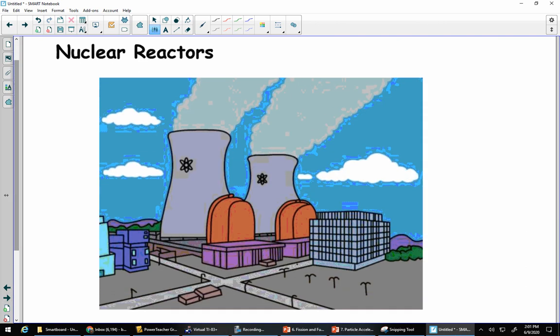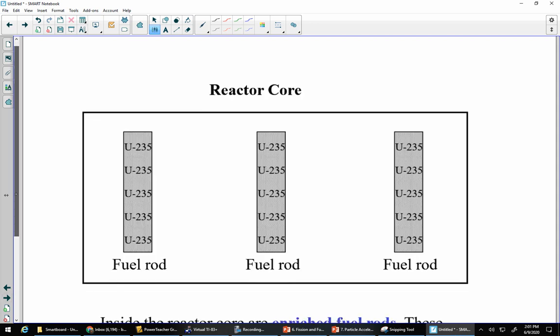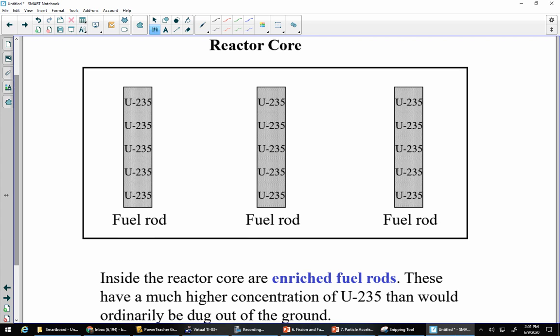So next thing to talk about here, we've got an idea of these nuclear fission reactions, and we know that they give off a ton of energy. Let's check out how we actually use that energy in a productive manner. So in a nuclear core reactor, and this is like the CANDU reactor in Toronto and many other nuclear reactors around the world, we use it to generate electricity and power.